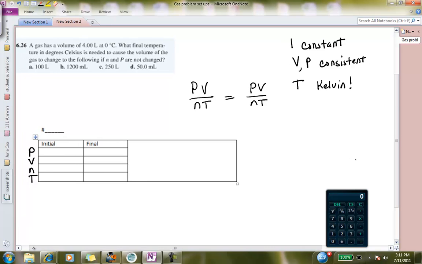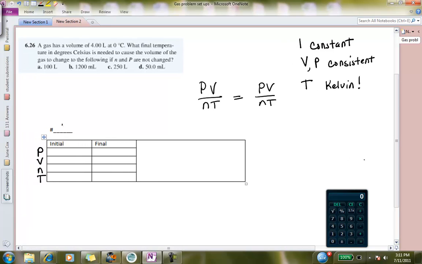So when we look at this problem, which is problem number 626, and we will do part A, it says that a gas has a volume of 4.00 liters, and the units are important, at 0 degrees Celsius.